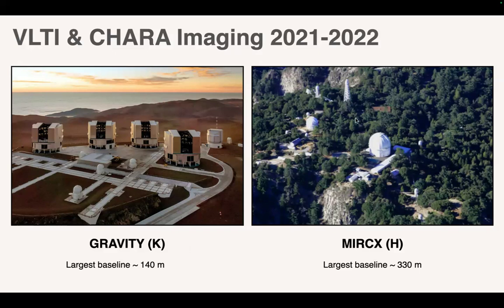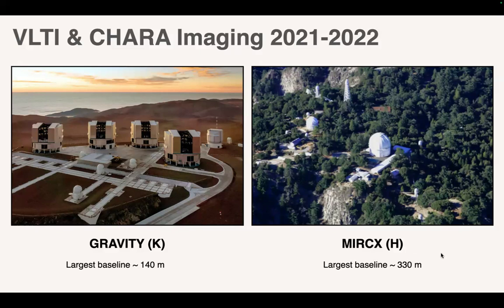In addition to the VLTI, we also used the CHARA interferometer, which is located in the US, in the state of California, at Mount Wilson Observatory. If you're familiar with the history of Mount Wilson Observatory, it's where the 100-inch Hooker telescope used to be, that Hubble used to measure the redshifts of galaxies.